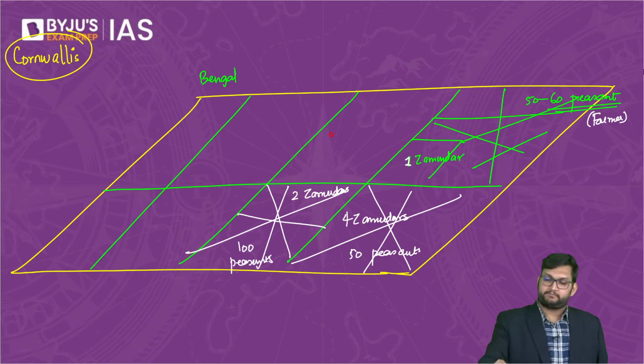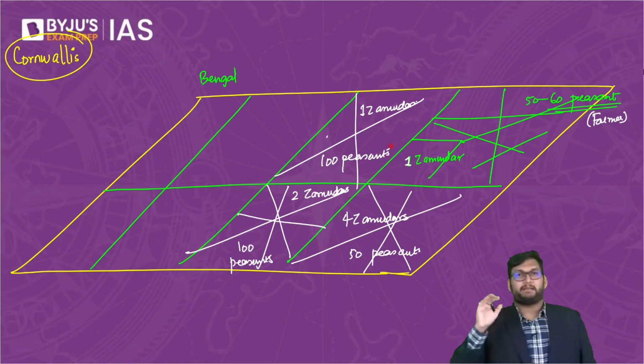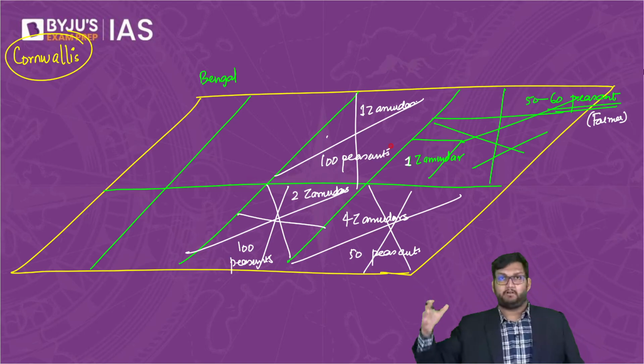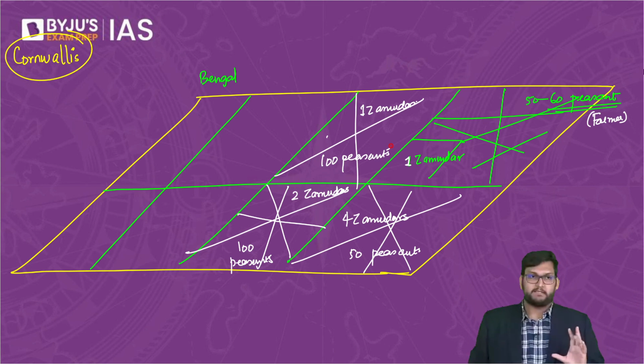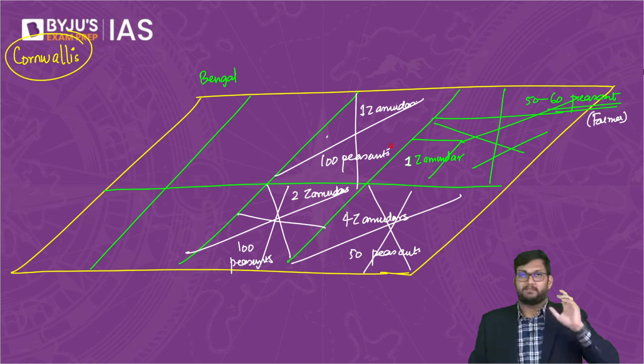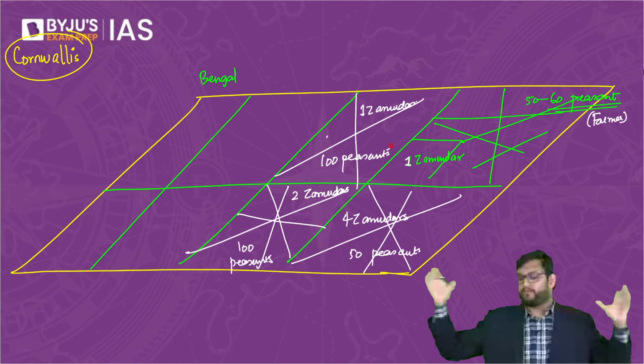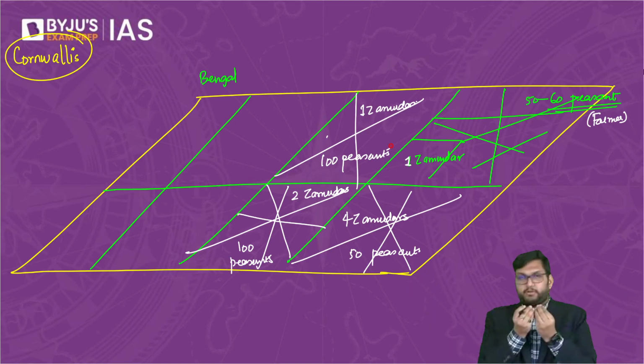In this, there is again a division, 1 zamindar and 100 peasants. So basically, the zamindar owns his own land. He's a landlord, has a lot of land. Zamindar and peasant have smaller lands. Are you getting the difference between these two? Zamindar is a big landowner, has 50-60 acres, but the peasant would have small.